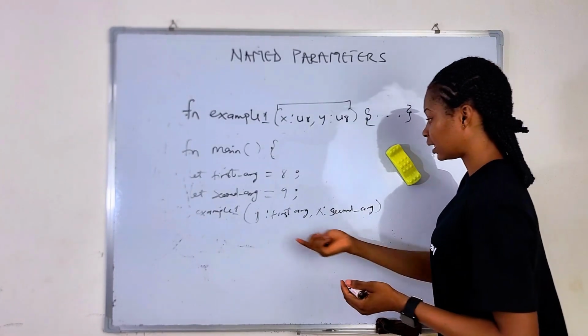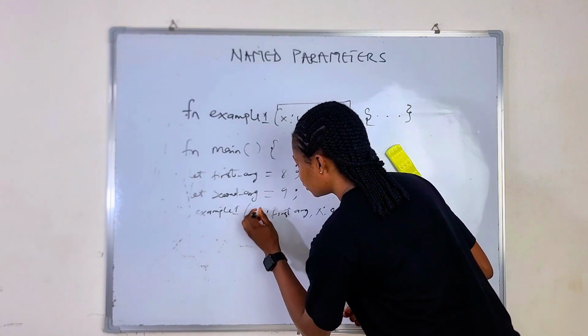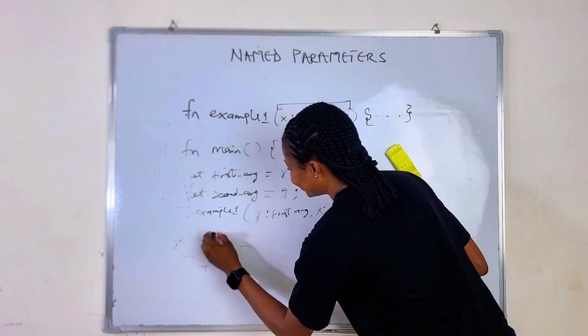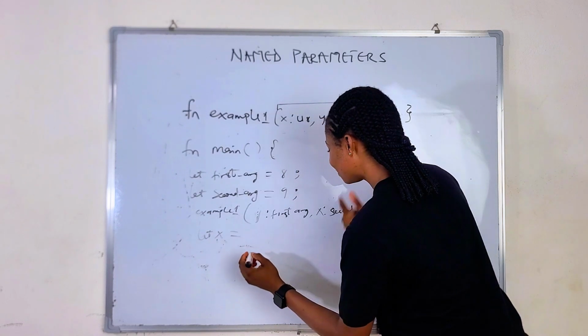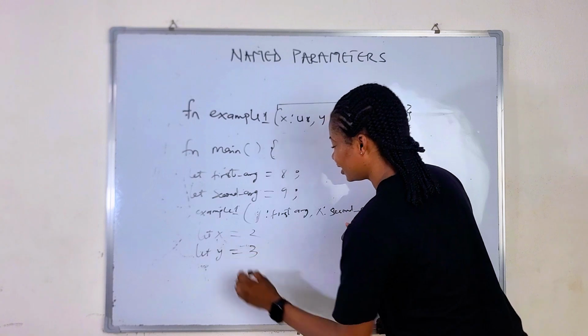And another thing again is that there's another way to write this. Let's say we now have let x equal to 2 and let y equal to 3, right?